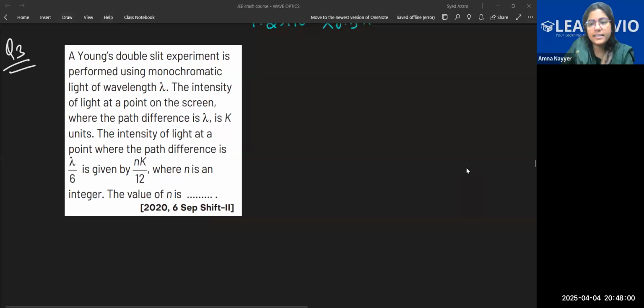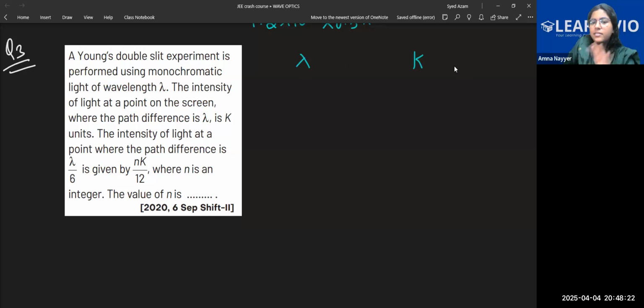Okay, see, this question is from your 6th September shift 2 2020. A Young's double slit experiment is performed using monochromatic light of wavelength lambda. So wavelength is given as lambda, and it is saying the intensity of light at a point on the screen where path difference is lambda is K. Means intensity is this.